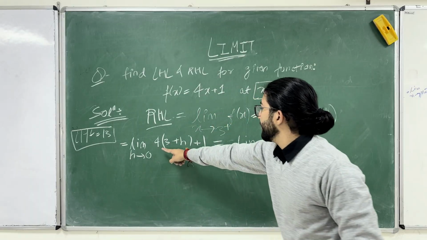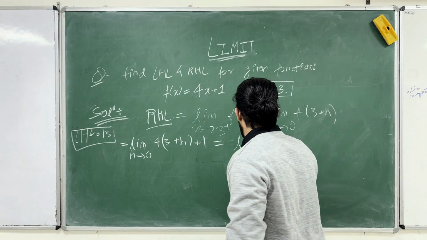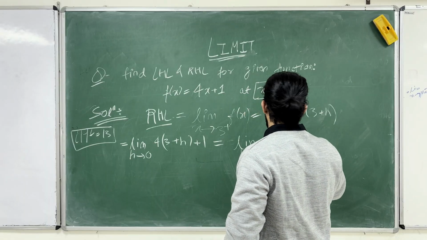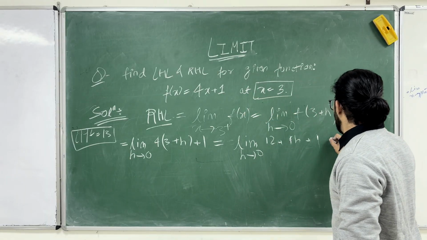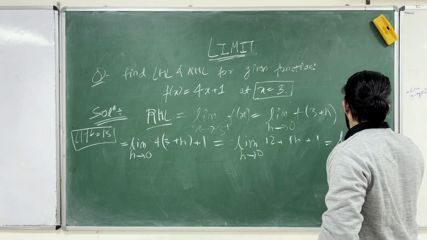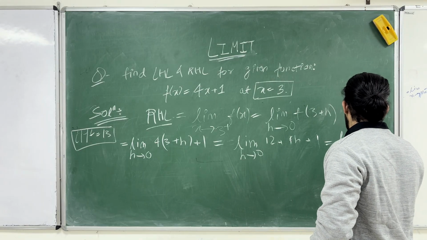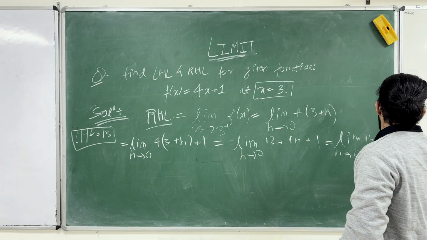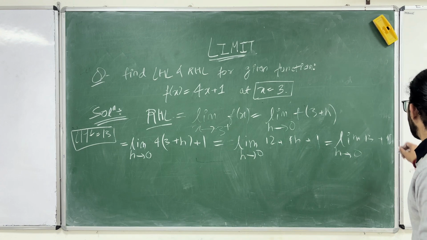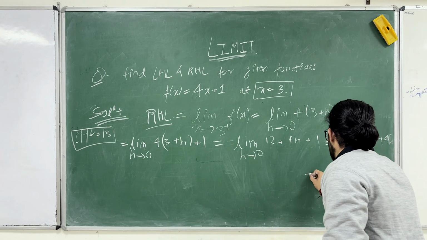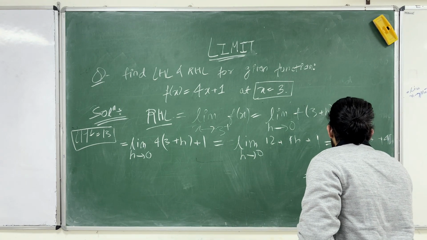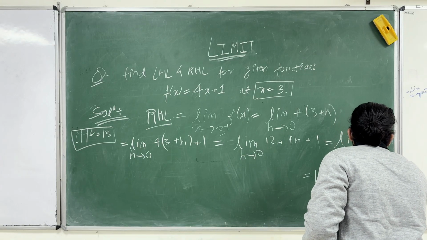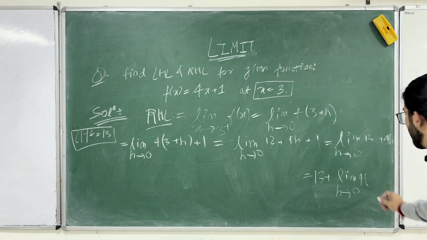is equal to limit, we have 4 multiplied by (3 plus h), so it will be 12 plus 4h plus 1. It will be limit h tends to 0, now it will be 13 plus 4h. 13 is constant, so I can write 13 plus limit h tends to 0 of 4h.